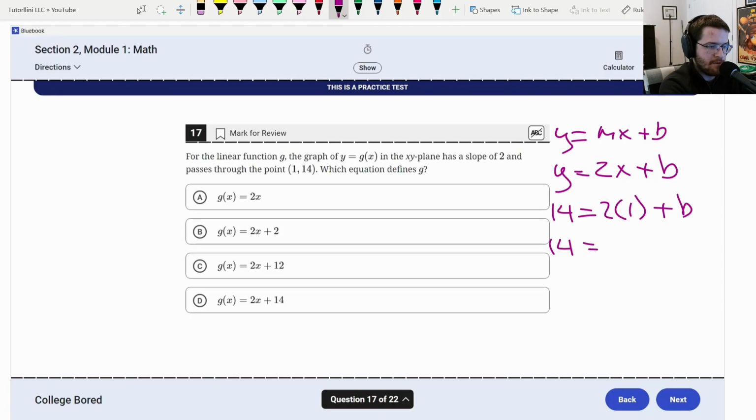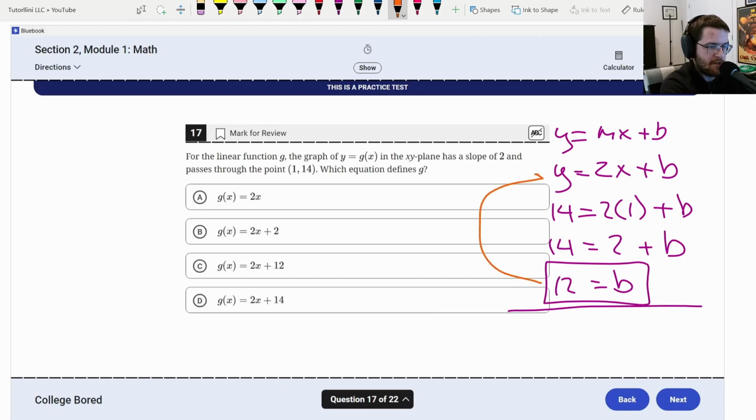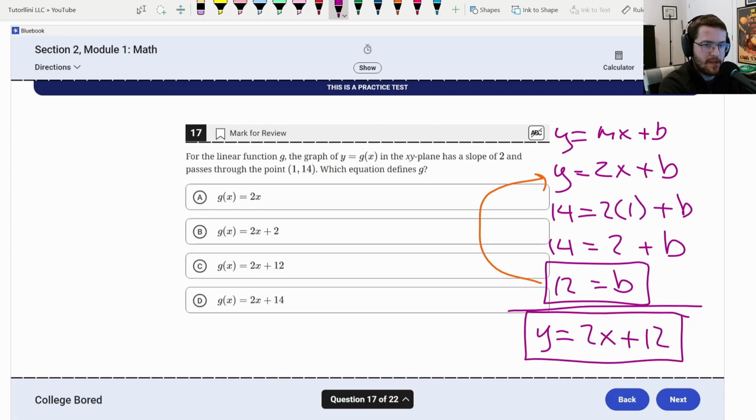So 14 equals 2 plus b. Subtract 2 from both sides, and I get 12 equals b. So now I'm going to go back to my partial equation and put that in here. And we get y equals 2x plus 12. And that is answer choice C.